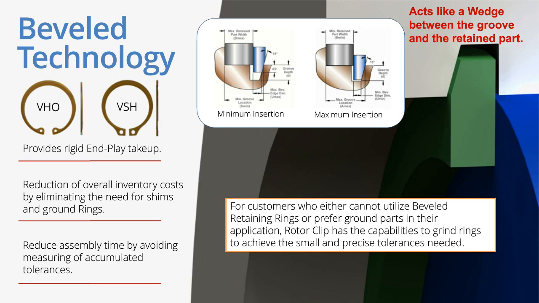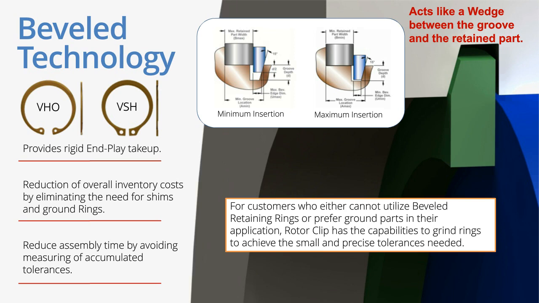VHO and VSH, as I said, are useful above 1 inch, and they're easily compared to select fit ground rings, except they're less expensive, and more versatile. So on a ground ring, you'll take a standard blank and grind to multiple thicknesses, say 2.5 millimeters, 2.48 millimeters, 2.46 millimeters, stepping up and down in small increments.